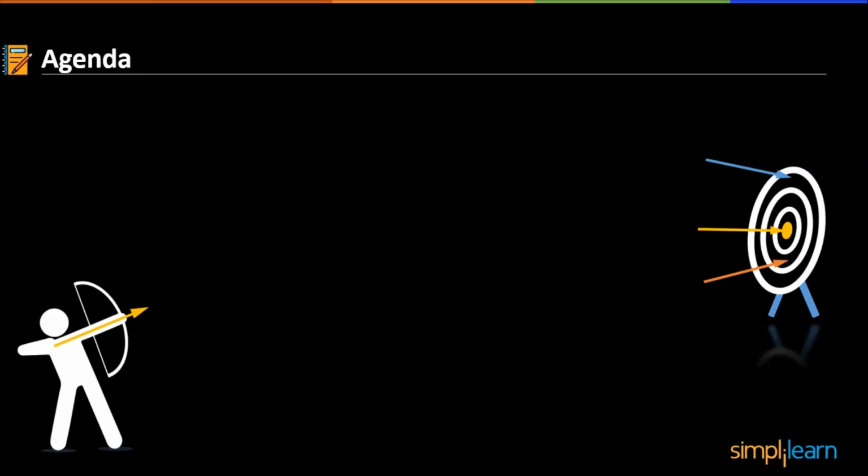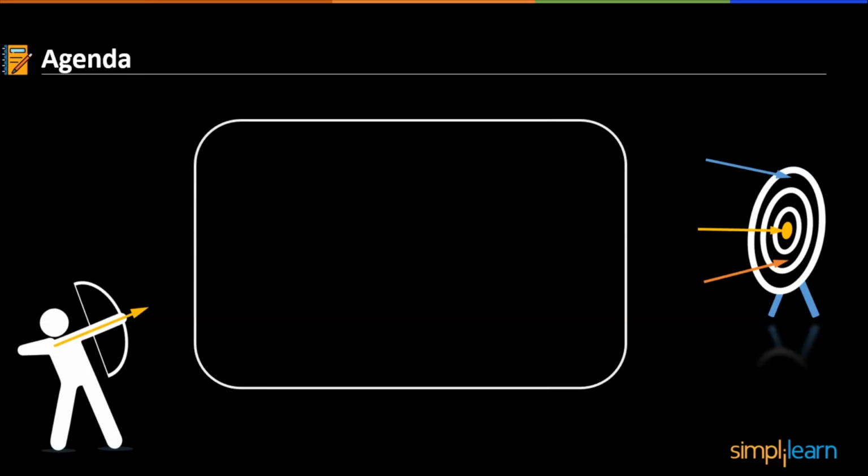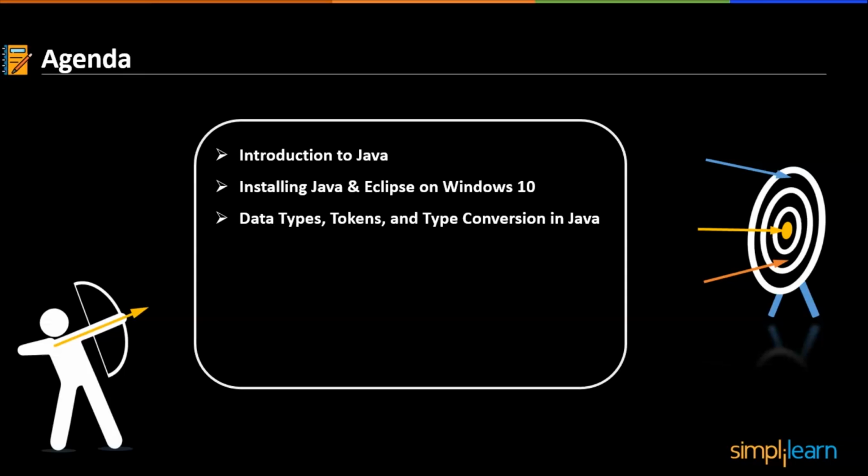Let's go through the agenda for this full course tutorial. We'll start this video with an introduction to Java, followed by installing Java and Eclipse on Windows 10. We'll move on and cover basic Java topics like data types, tokens, and type conversion in Java. Once we finish these basic topics, we'll go through our first Hello World program in Java.